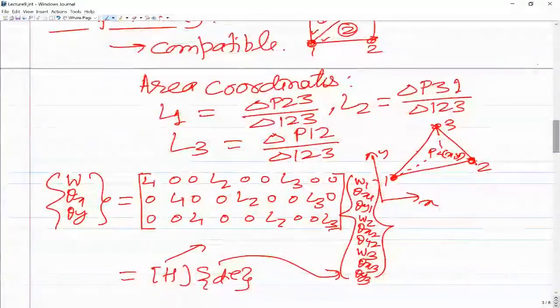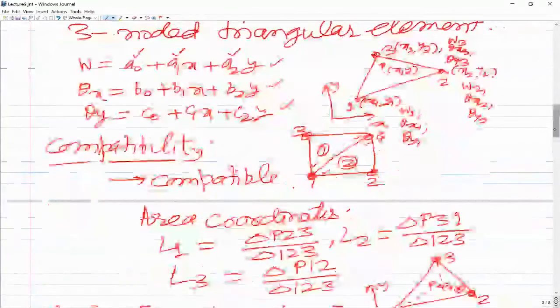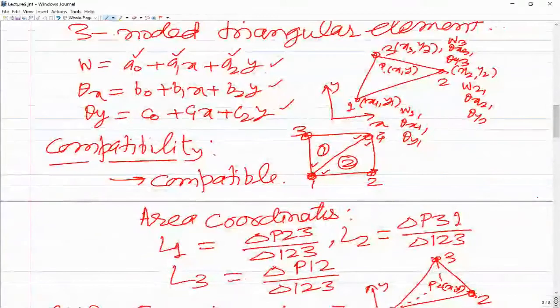That is why we use this. These are nothing but the shape functions. For the three-node triangular element, L1, L2, L3 are the shape functions. In this approximation, W is equal to A0 plus A1 x plus A2 y. We write W1 equal to A0 plus A1 x1 plus A2 y1, and W2 equal to A0 plus A1 x2 plus A2 y2.